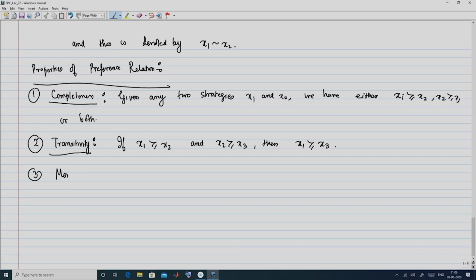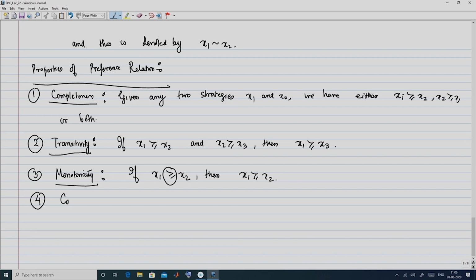Thirdly, this is monotonicity. So, if x1 is preferred over x2 in numerical terms, then the consumption x1 is preferred over x2.